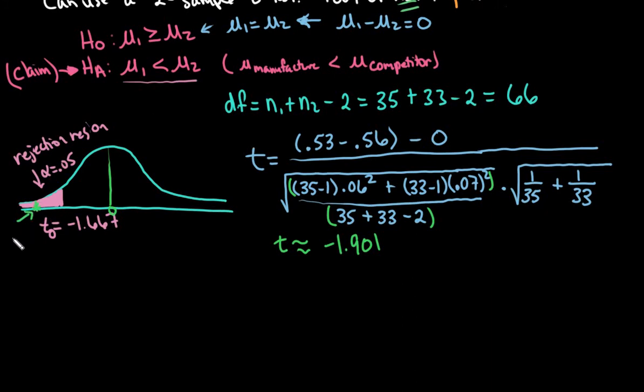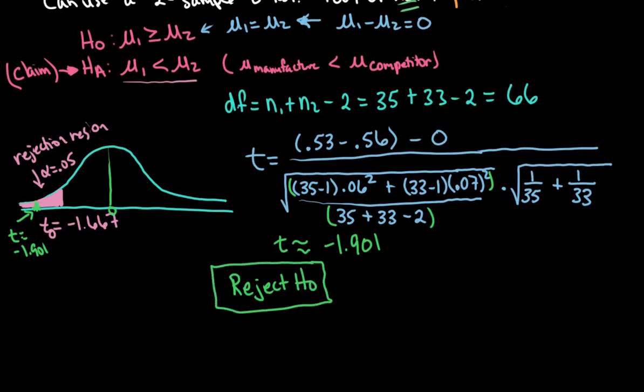So this is our t of negative 1.901, and we can see that it falls in the rejection region. It's to the left of this value. Had it been to the right of the value, then we wouldn't reject. So since it falls in the rejection region, we can say that we reject the null hypothesis.